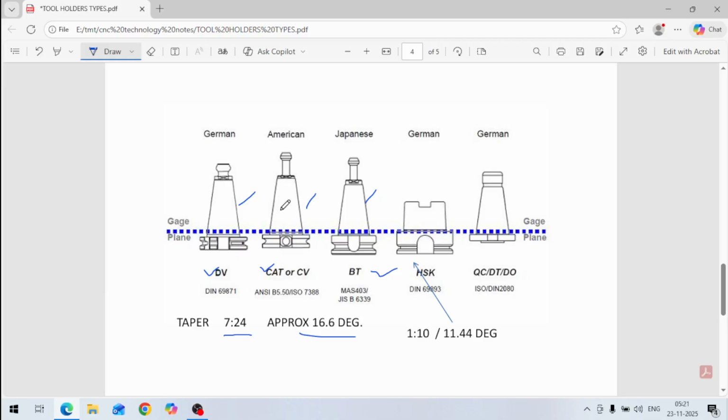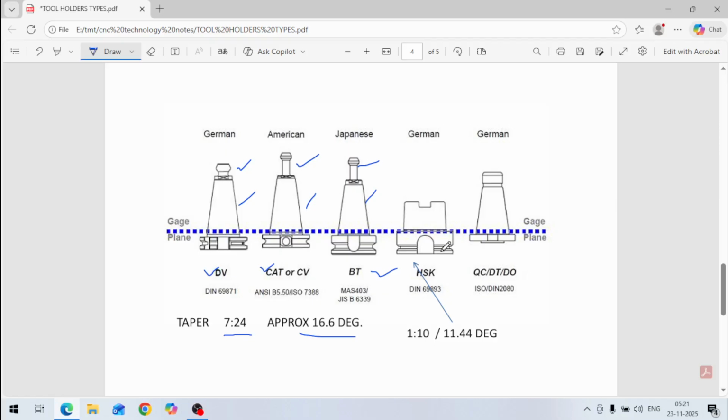Here pull studs are there. These are pull studs. And one more is HSK, the hollow shank adapter.